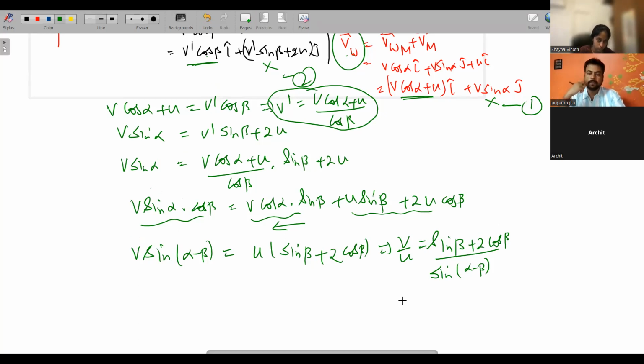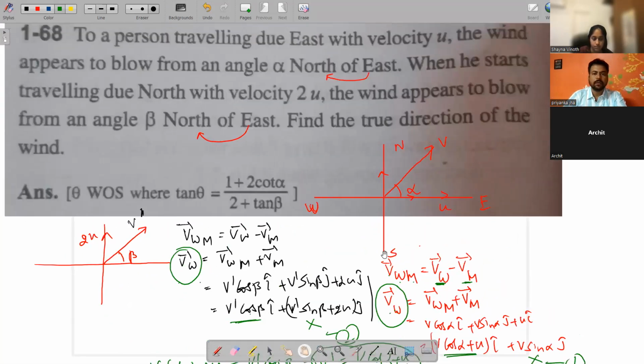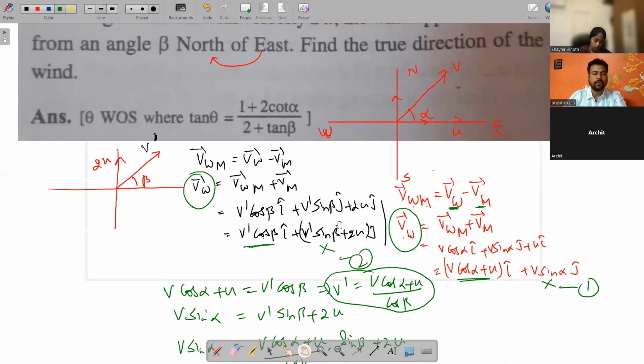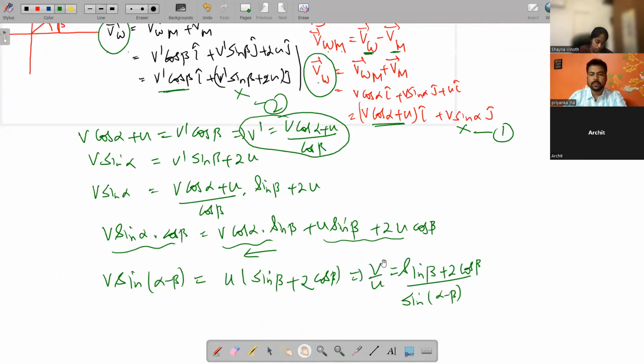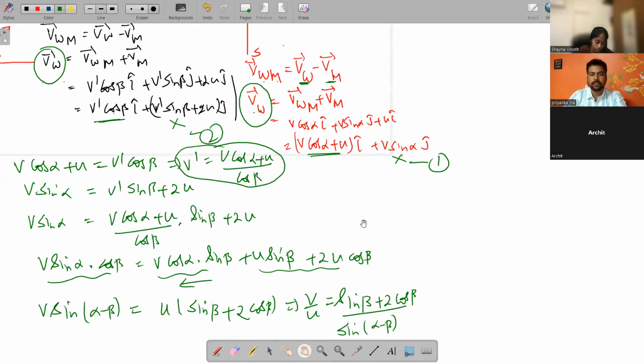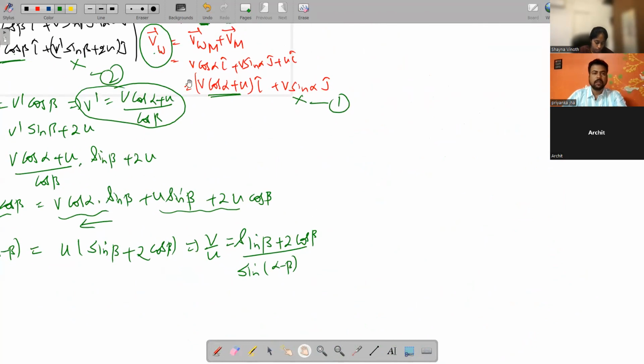What else can be done? You have to find at what angle the true direction of wind is, right? And you have this V by U. So with the help of this, we can do one thing. This is the actual velocity of wind, right?